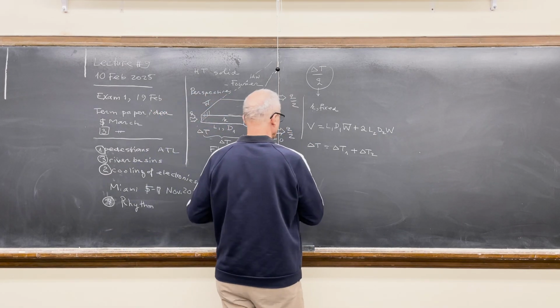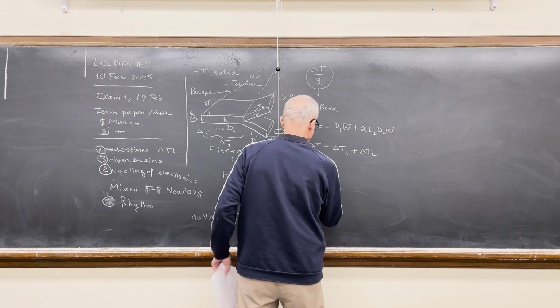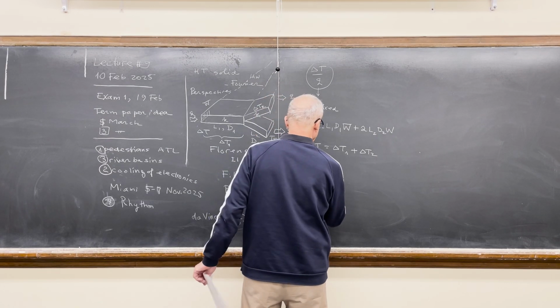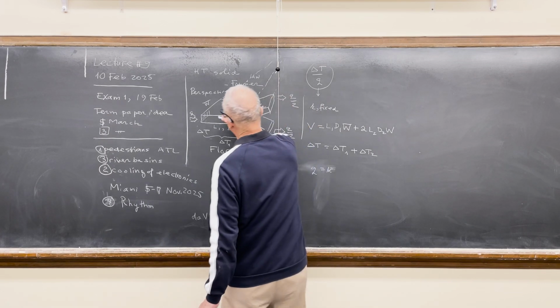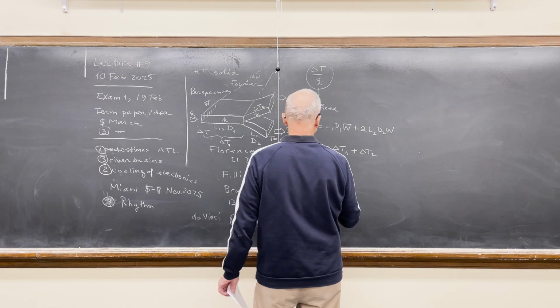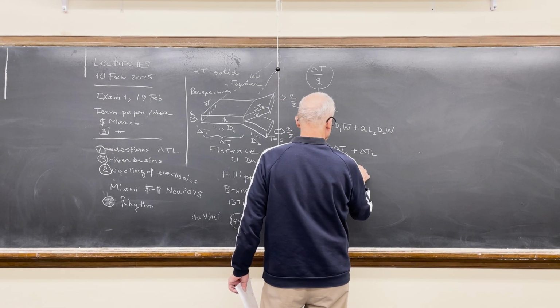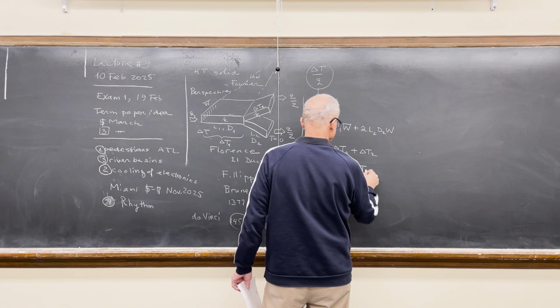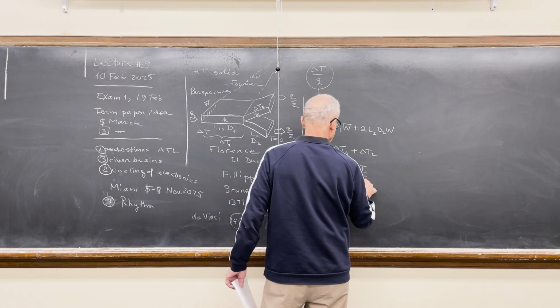For the delta T1, the Q that enters from the left is equal to a constant called k, and then the cross-sectional area that's pierced by the flow, namely D1W, and then the temperature difference divided by the path length, which is L1.